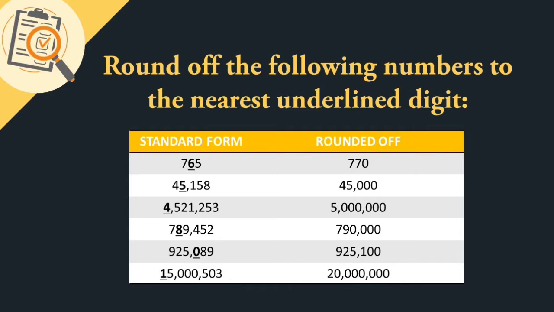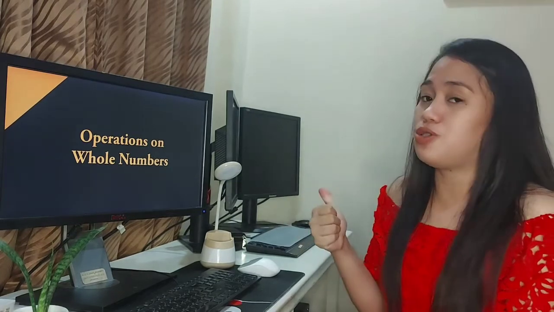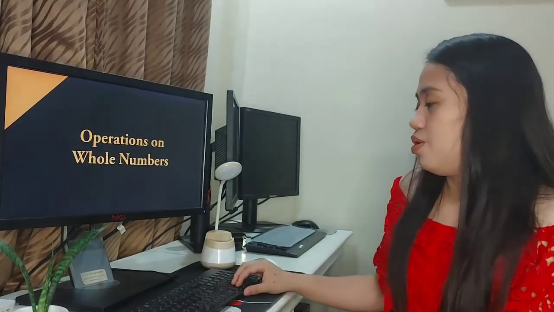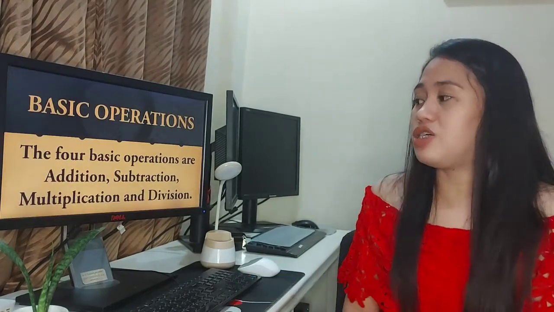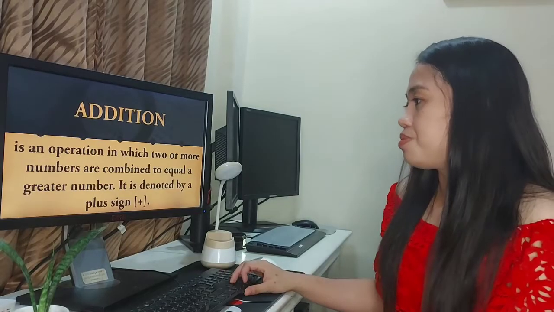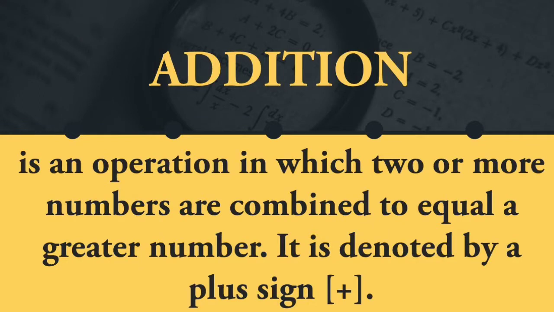Alright. So, next topic that we have is operations on whole numbers. So, we have 4 basic operations. We have addition, subtraction, multiplication, and division. So, what is addition? It is an operation in which 2 or more numbers are combined to equal a greater number.